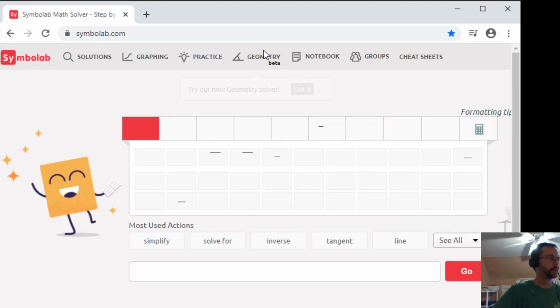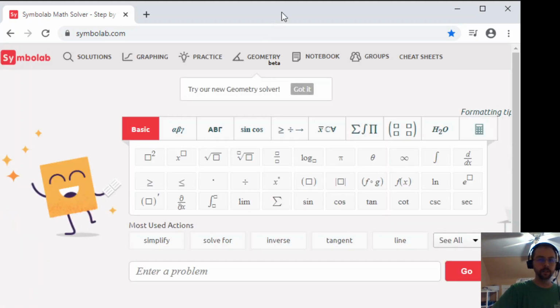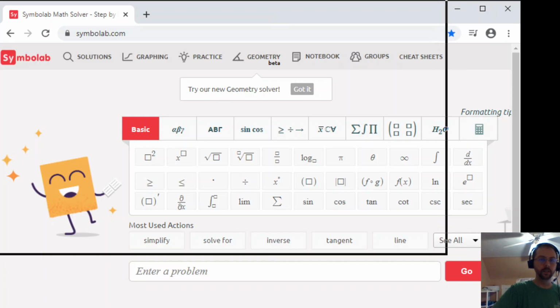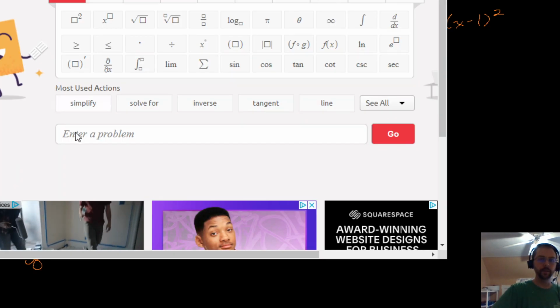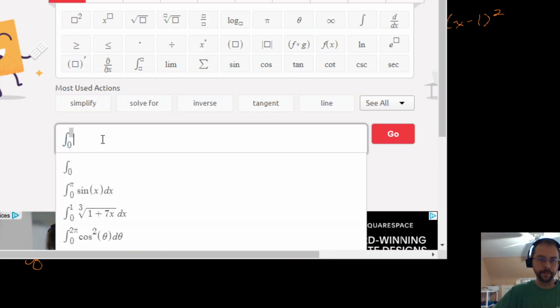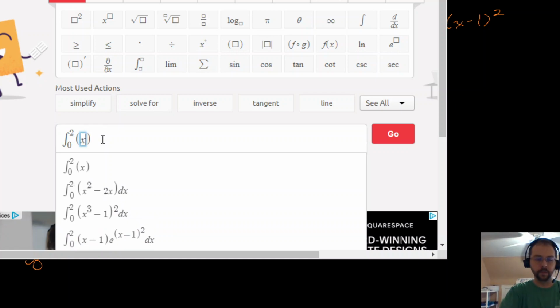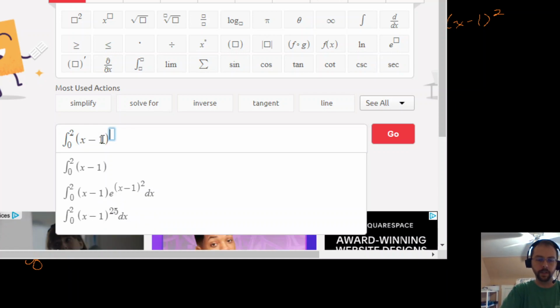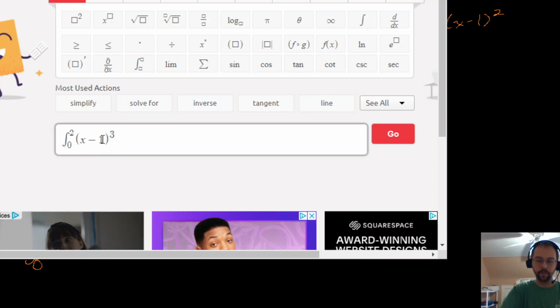So we want the integral from 0 to 2 of (x minus 1) cubed plus (x minus 1) squared dx.